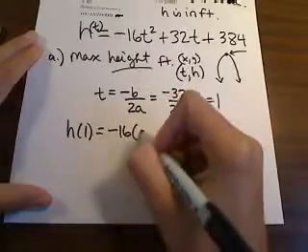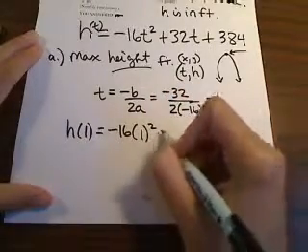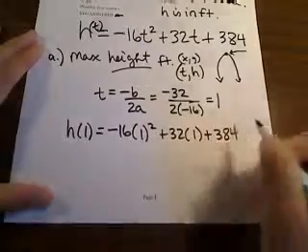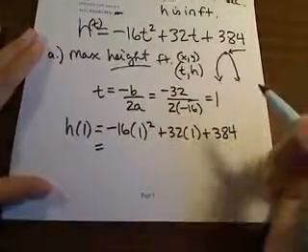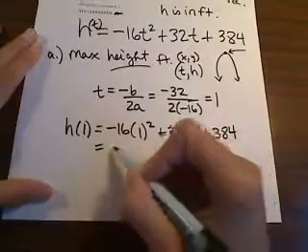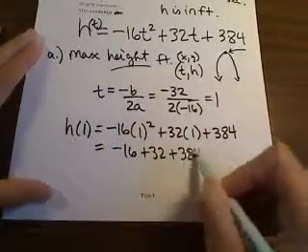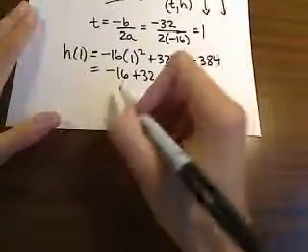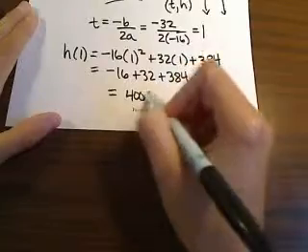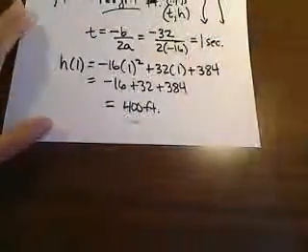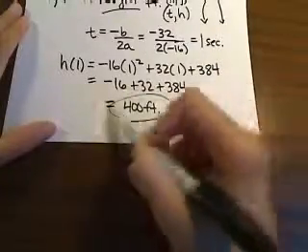So I have negative 16 times 1 squared plus 32 times 1 plus 384. This is negative 16 plus 32 plus 384, and if you simplify that, you get 400, and this is feet. All right, so that answers part A.